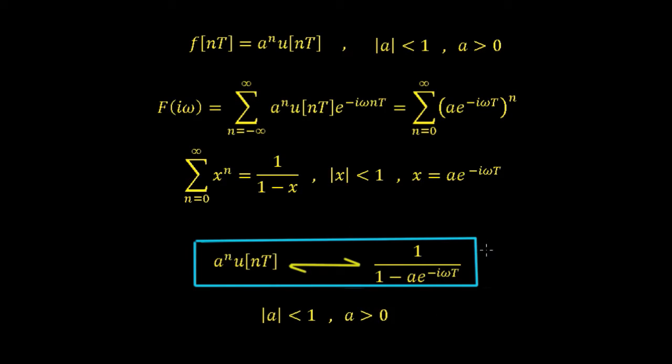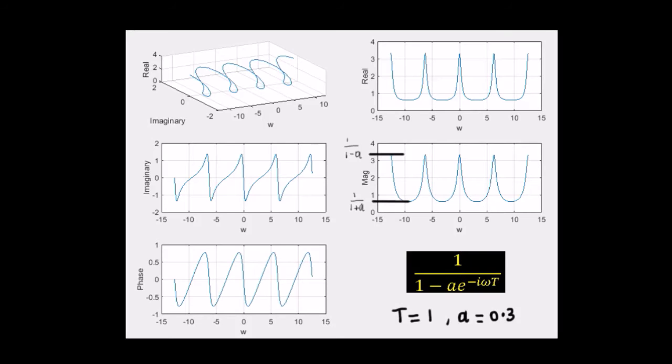So let's go ahead and have a look at this graphically. This is it plotted out in Matlab. I've done it in 3 dimensions here, so we've got the omega axis, the imaginary axis and the real axis, so it is a complex function. And I've also shown the purely real part, the purely imaginary part, the magnitude and the phase.